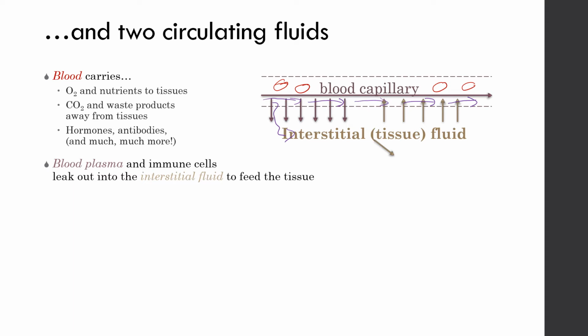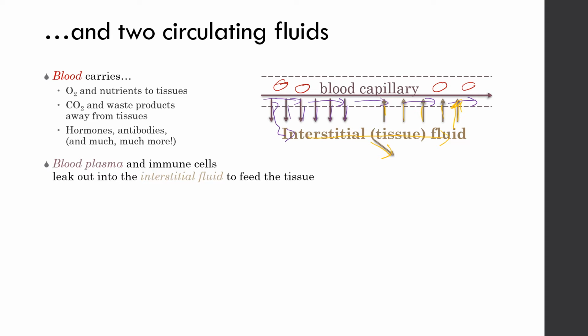Then this interstitial fluid travels through the tissue, and most of it returns to the blood. But there's a portion that doesn't. If you count my arrows, there are 1, 2, 3, 4, 5, 6 arrows providing blood to the tissue, and only 1, 2, 3, 4, 5 arrows pulling interstitial fluid back into the blood capillary.